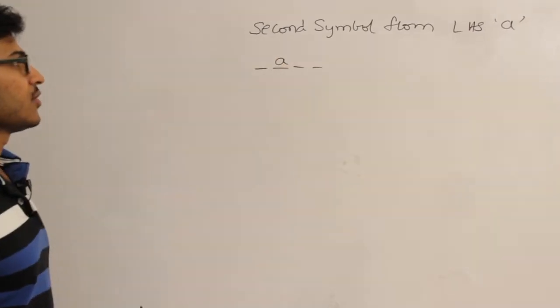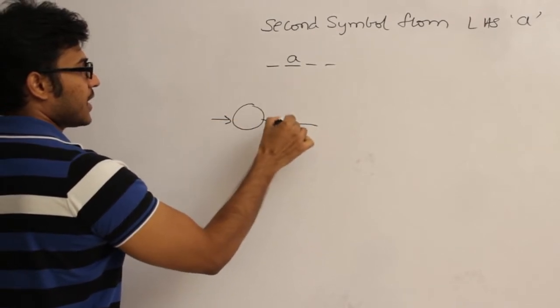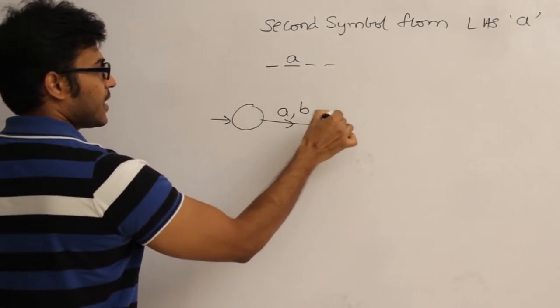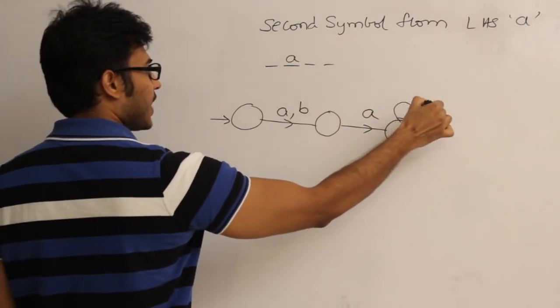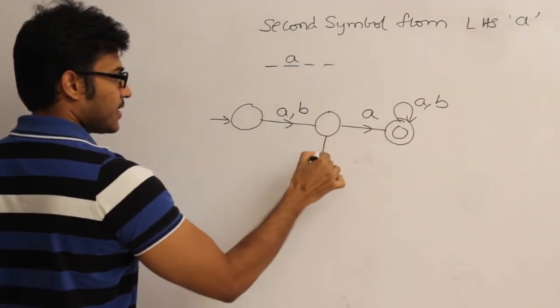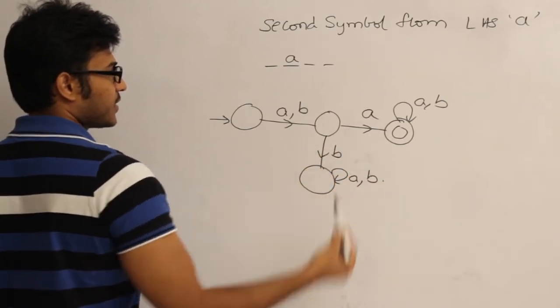We have seen that kind of problem, and the DFA has the first symbol can be anything and the second symbol should always be A, then I am going to accept it, and if the second symbol is B, I am going to reject it, right?